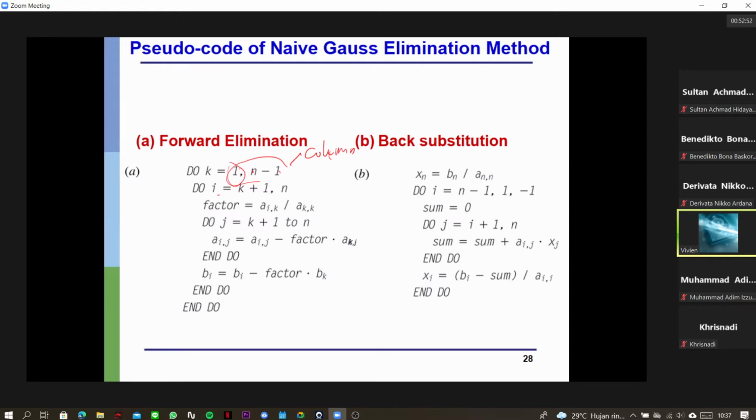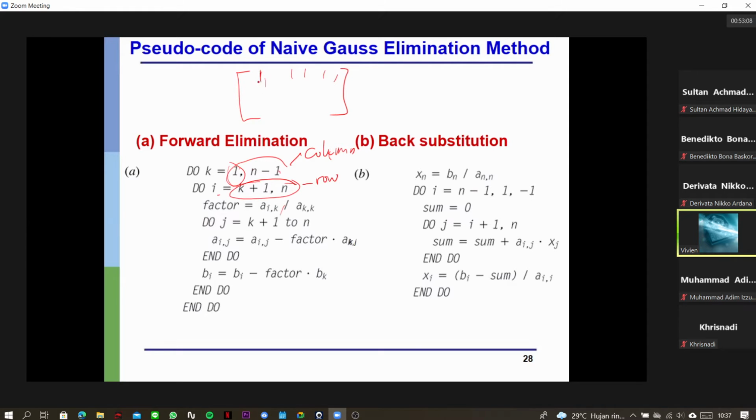We look at the first column. For the first column, we want to make 0 for the second row. So that will be the row. So this is looping throughout the column.